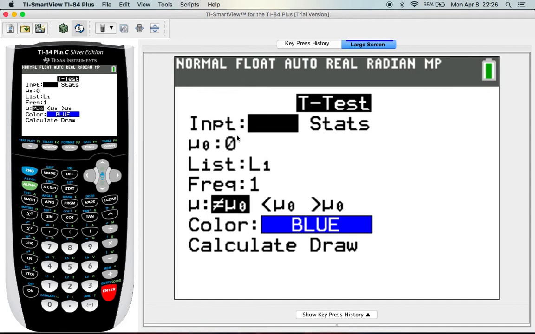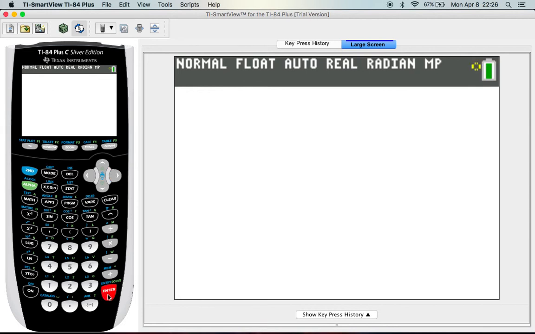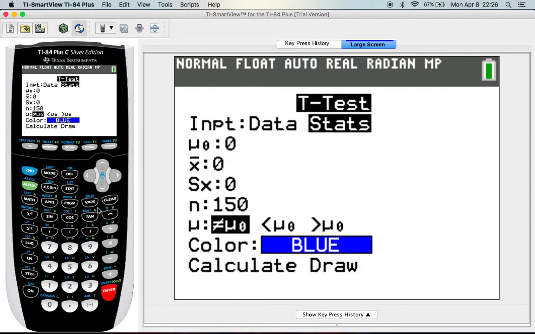If you are doing it that way, you still put the value for the null in this first spot, tell it what list the data's in, keep this frequency at 1. Okay, we don't have a probability distribution, so the frequency needs to equal 1, and then select the correct symbol for your alternative. But we don't have raw data, we have statistics that were given to us for this problem.